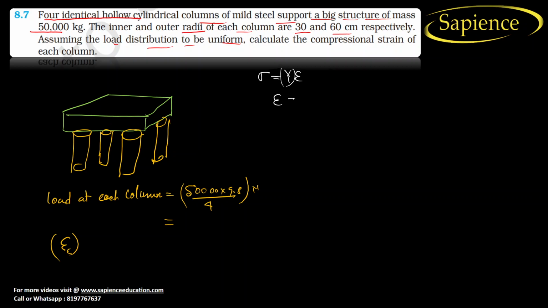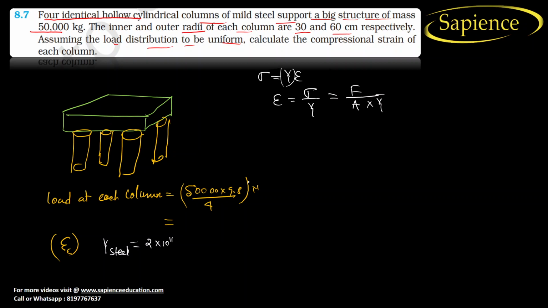So we need to find E, that is equal to sigma by Y. Now sigma is force, that is load at each column divided by area, into Young modulus of elasticity. Since it is made up of mild steel, you have to use Young modulus of elasticity for steel. Steel is equal to 2 into 10 to the power 11.